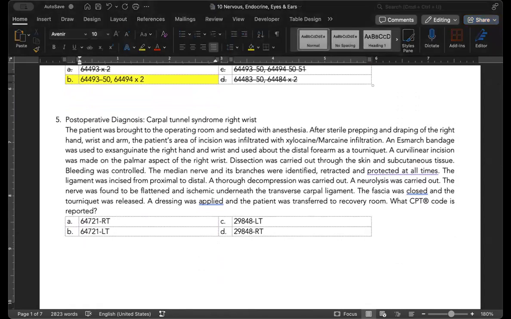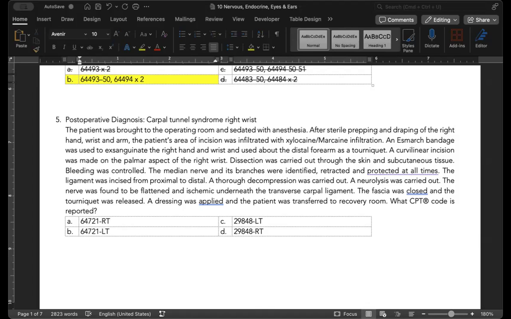Number 5, our post-op diagnosis is carpal tunnel syndrome of the right wrist. The patient was brought to the operating room and sedated with anesthesia after sterile prepping and draping of the right hand, wrist, and arm. The patient's area of incision was infiltrated with xylocaine marcaine infiltration. An Esmark bandage was used to exsanguinate the right hand and wrist and used about the distal forearm as a tourniquet. A curvilinear incision was made on the palmar aspect of the right wrist.